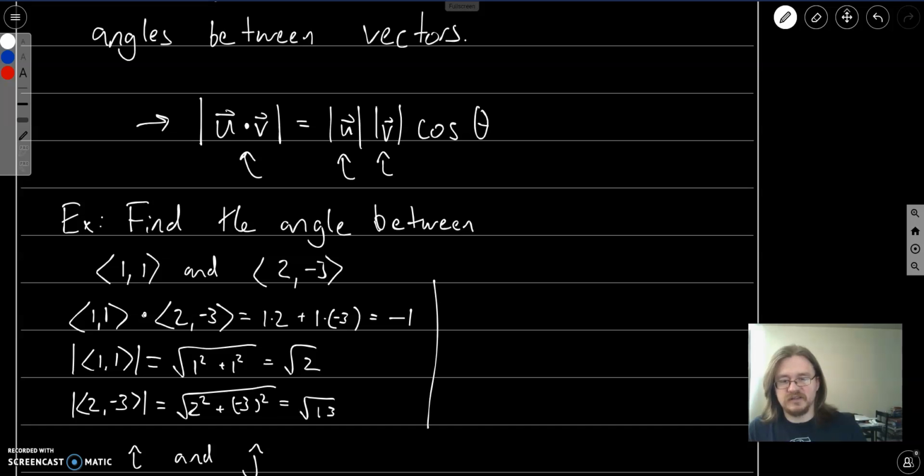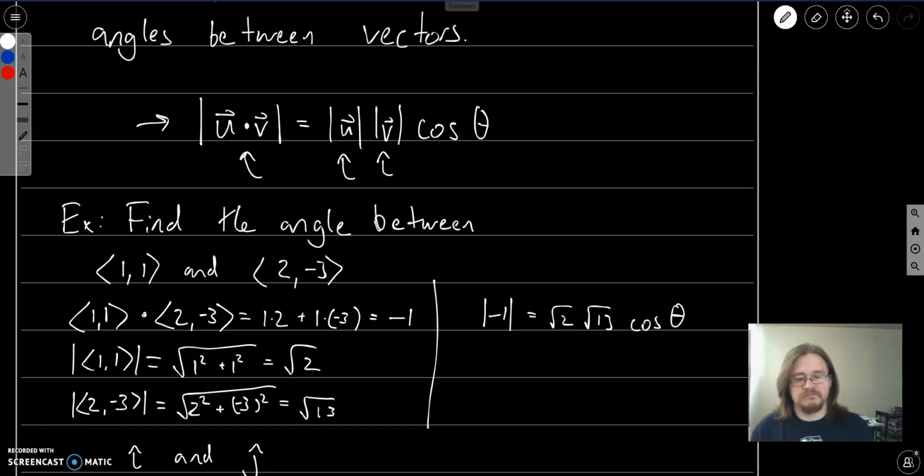Now, let's plug all this into our formula. The absolute value of 1 is going to be equal to the length of u, which was the square root of 2, times the length of v, which was the square root of 13, and all this is times the cosine of the angle between them.